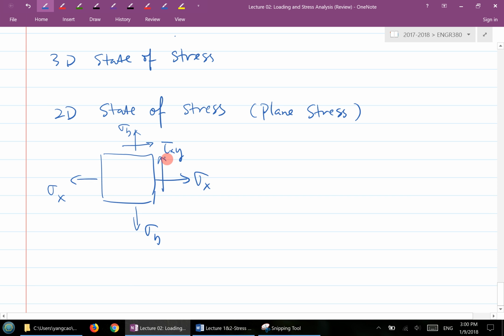So for the same state of stress, you can rotate this element about an axis pointing out of the paper. If you rotate it counterclockwise by an angle theta from the original location to here, you may end up with a different state of stress.